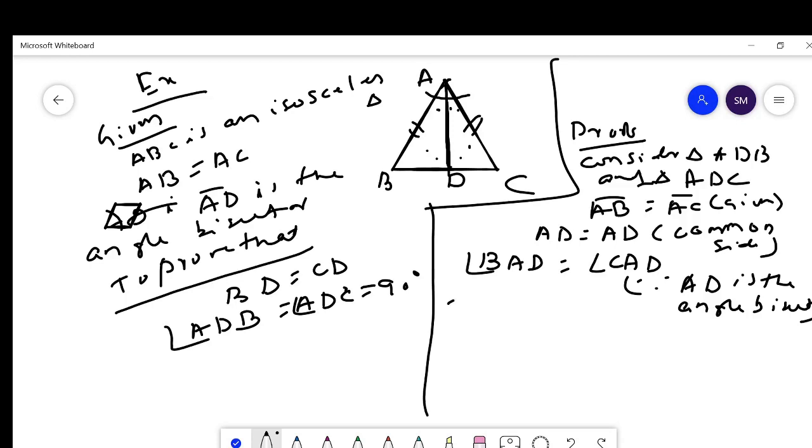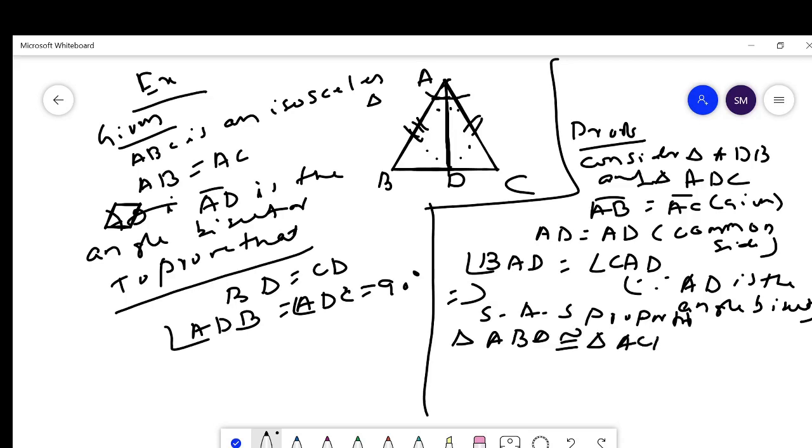Then this implies by side angle side, SAS property, triangle ABD is congruent with triangle ACD.